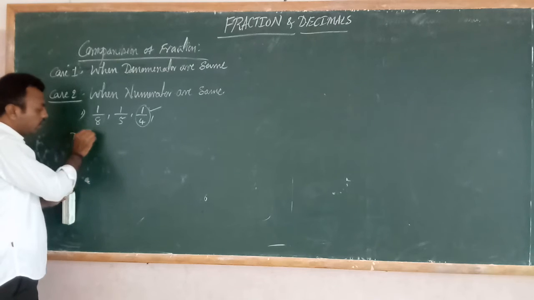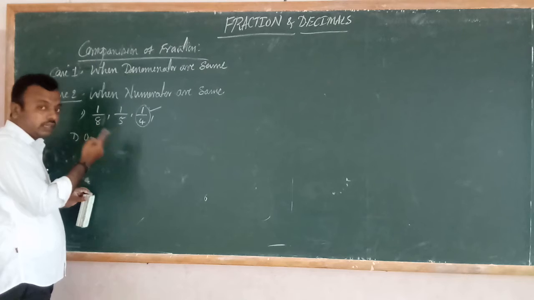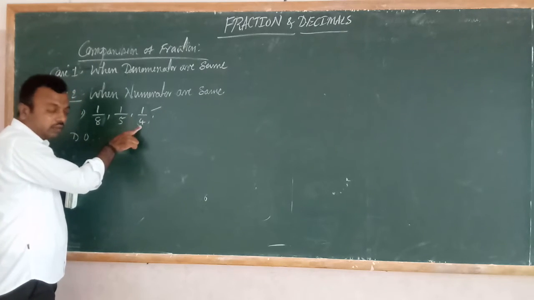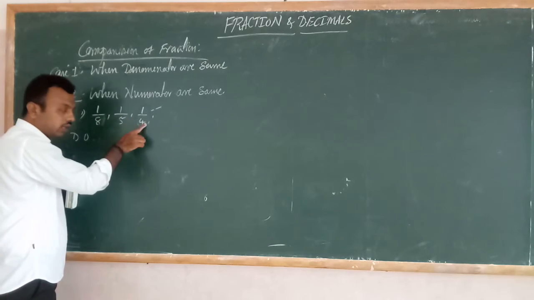If you want to write the descending order, we have to start from the highest, the bigger fractions. So here, smaller denominator, bigger fraction. When the numerators are same, it depends upon the denominator.